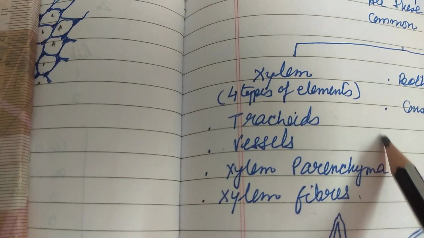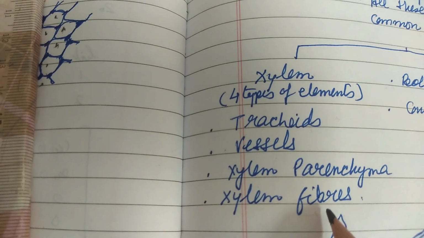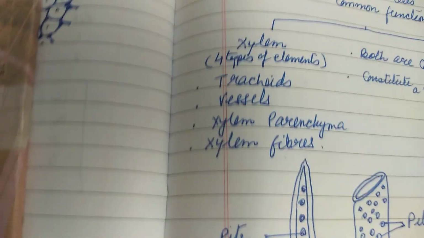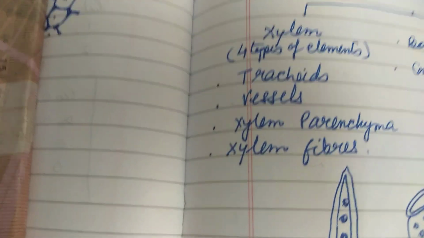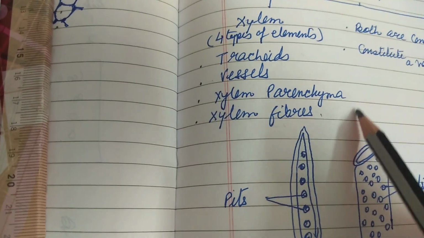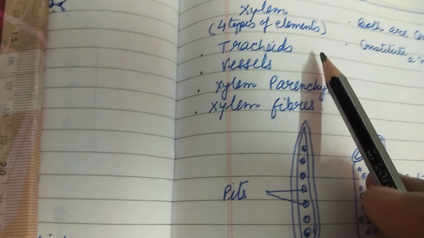Don't get confused with these difficult names. They are easy to remember. When we study their diagrams and how they look, it will be easier for you to remember these names, right? These are nothing but cells only, but we have given them different names because their shapes are different.